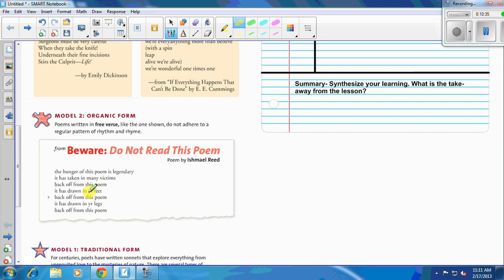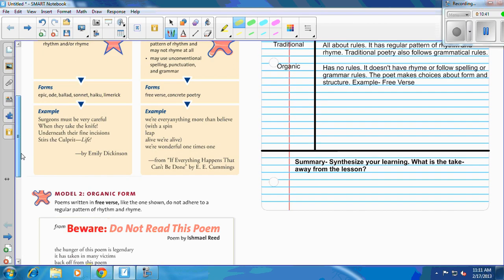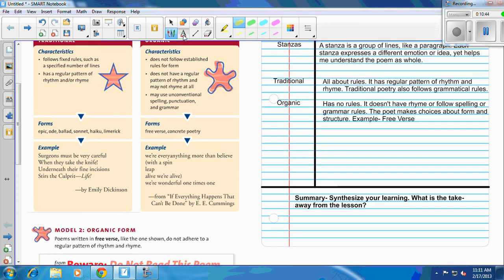I notice when it says, back off from this poem, it has drawn in your feet, right? I can hear the poet's voice coming across. So I have no idea if that's important, but I'm noticing a pattern, right? So I'm going to write it down.